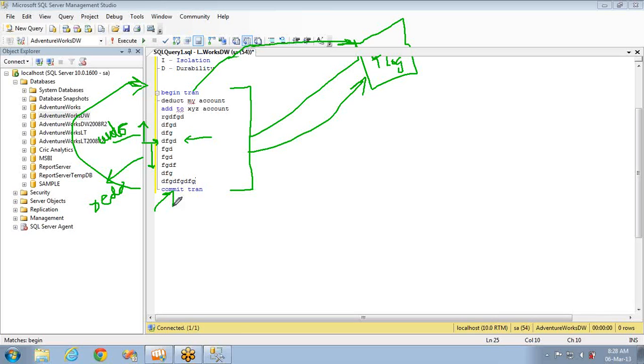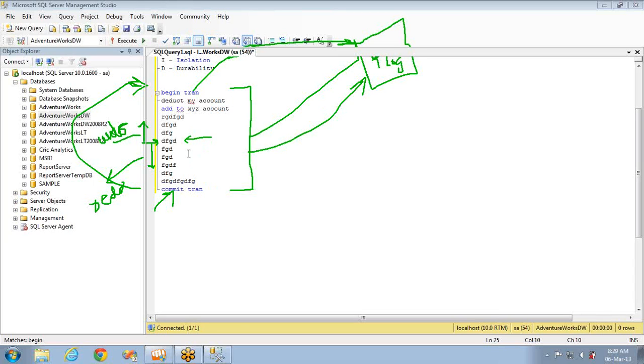Either it will be rolled back completely and reach the start of the transaction state, or it will be committed. So this is the beauty and advantage of the durability concept, and SQL Server has a transaction log file to make sure that all the transactions will be either undone or redone if the system crashed in the middle of the execution of a transaction.